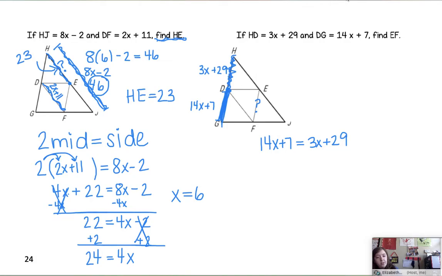What would you want to do first to solve? Beautiful. So we'll subtract 3x from both sides.